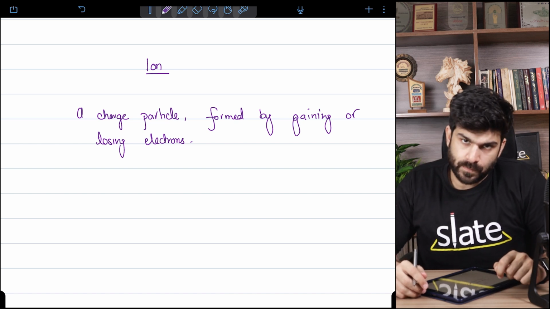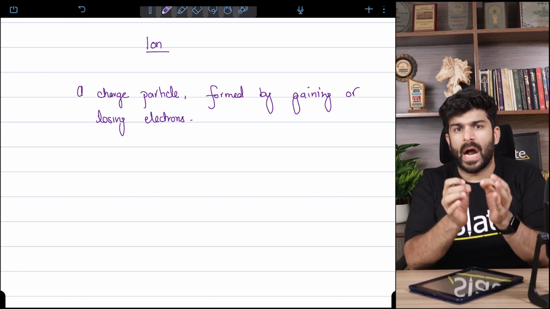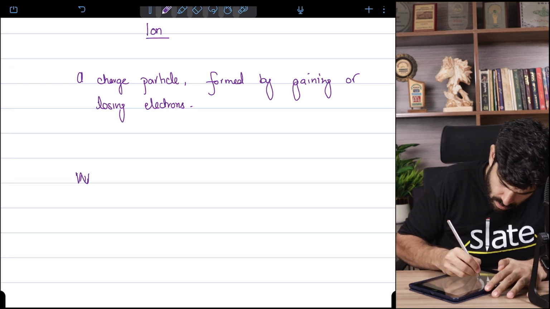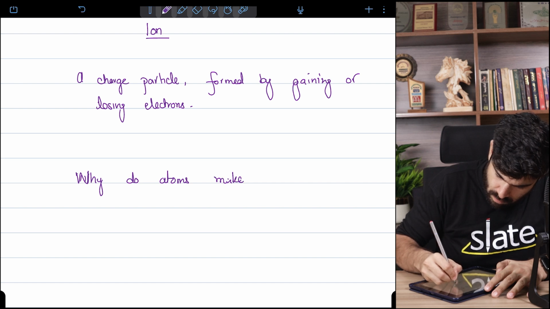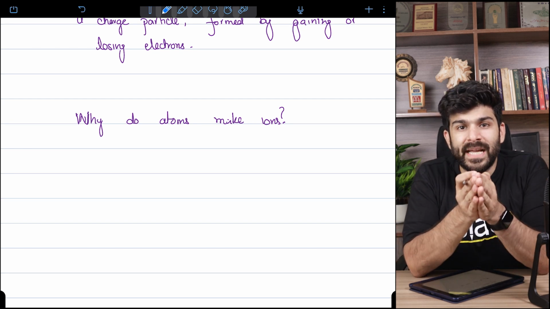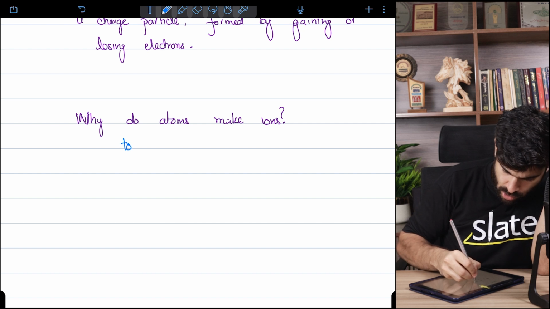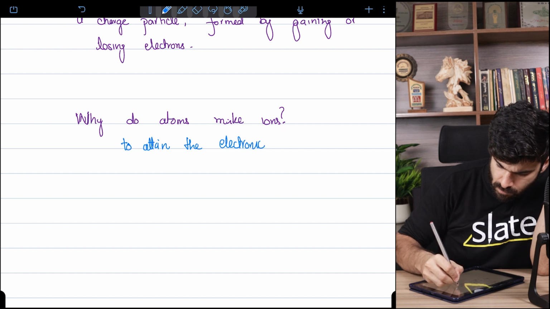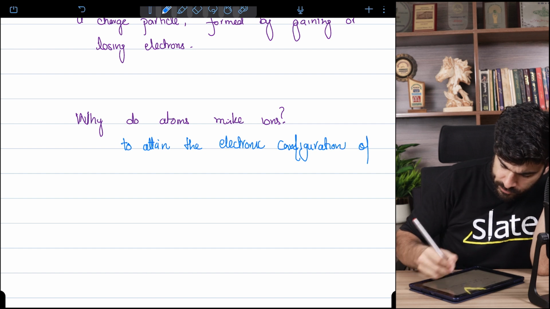That is an ion. But why do atoms make ions? That's a very important part. Why do atoms make ions? Now, atoms make ions to attain, we will discuss that in like 2 minutes, the electronic configuration of the nearest noble gas.